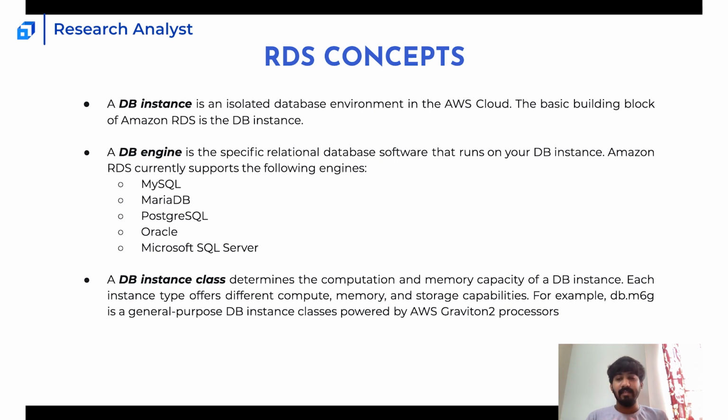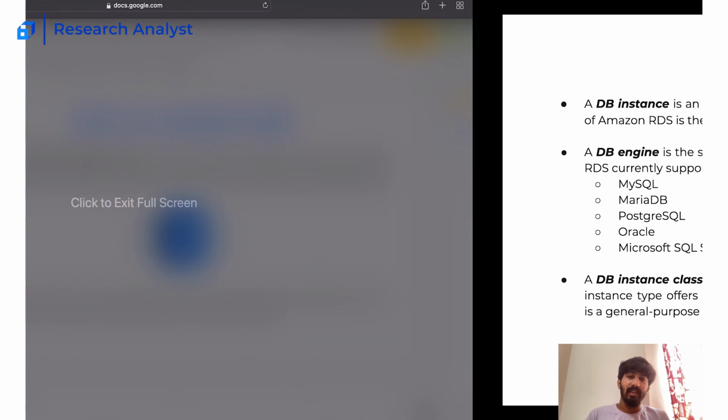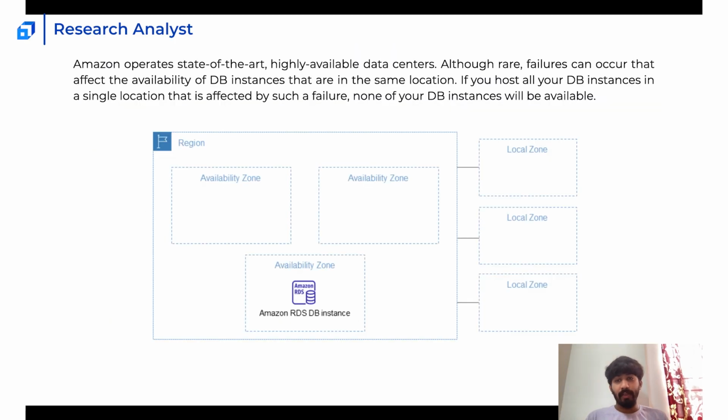Each instance type offers different compute, memory and storage capabilities. For example, db.m6g is a general purpose database instance class powered by AWS Graviton 2 processors. So this is one type of database instance class. There are various types. Again, we can see that in the documentation, and while we are looking into the demo, we'll also look into the database instance classes. All right, let's move on to the next slide.